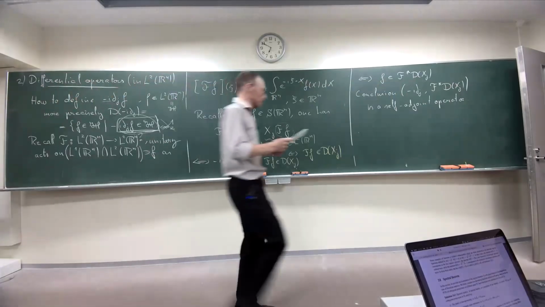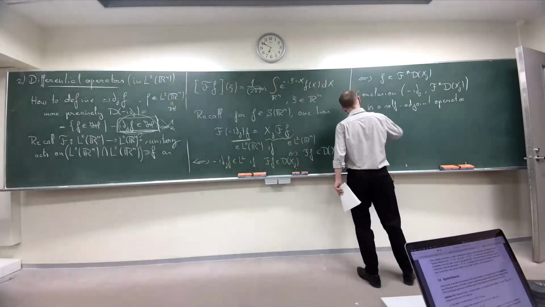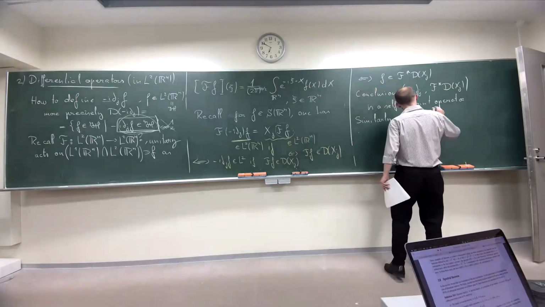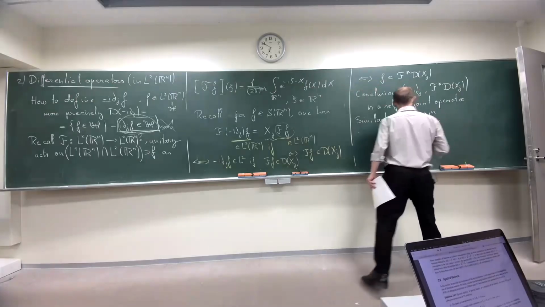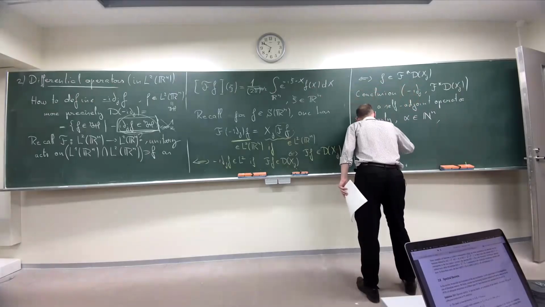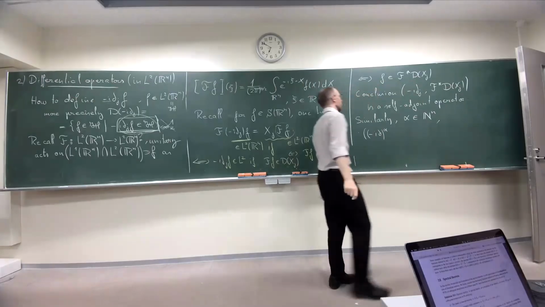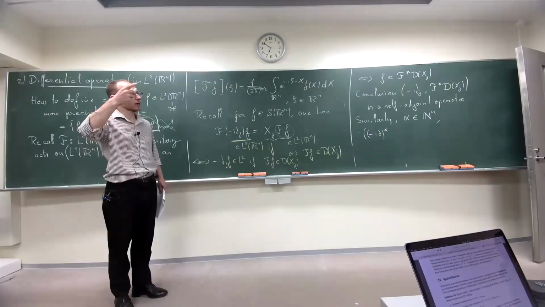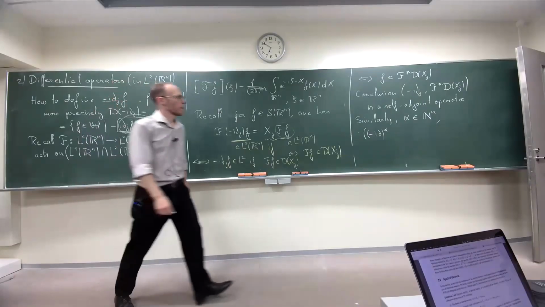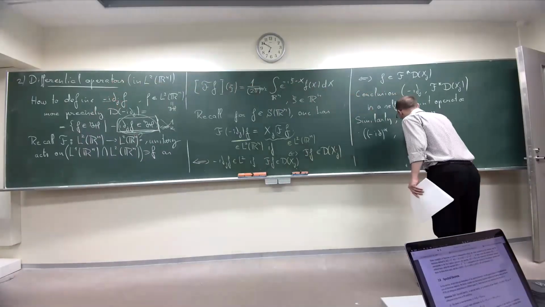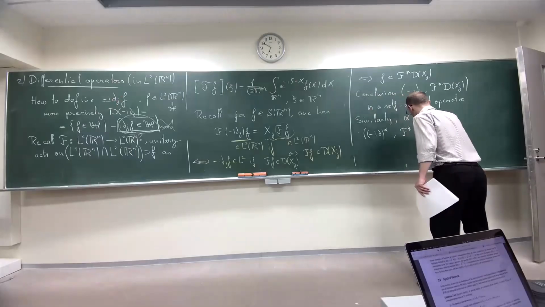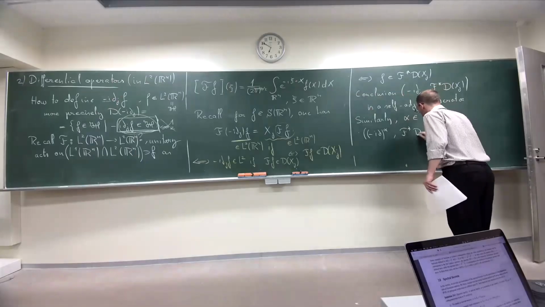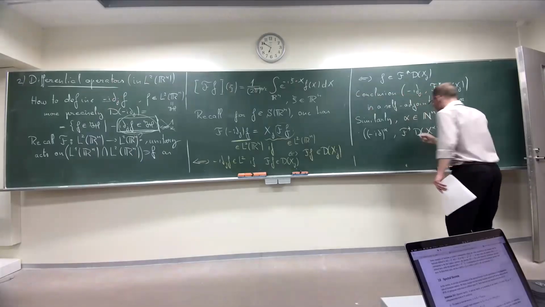And now you can do the same thing. Similarly, if you take alpha, any multi-index, we have that minus i to the power alpha, the partial derivative to the power alpha_j, with the domain the Fourier inverse of the domain of the multiplication operator x^alpha.